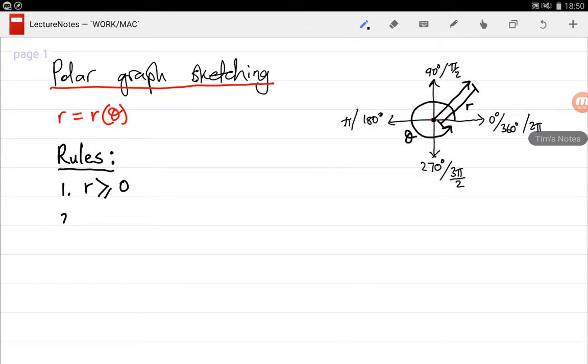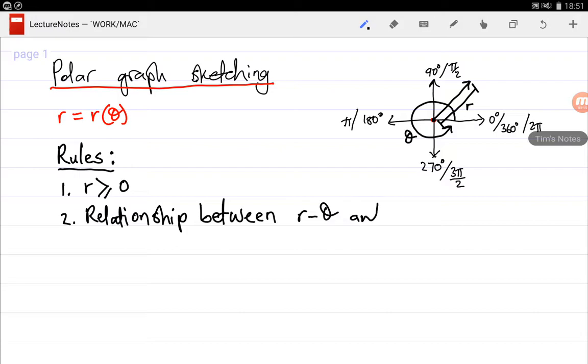Sorry about that. Okay, the second rule just says the relationship between your rectangular plane and your polar plane is basically obvious from observation.